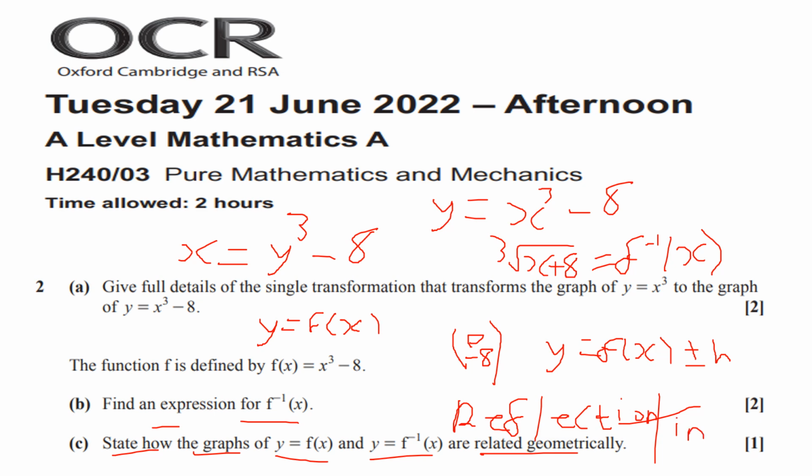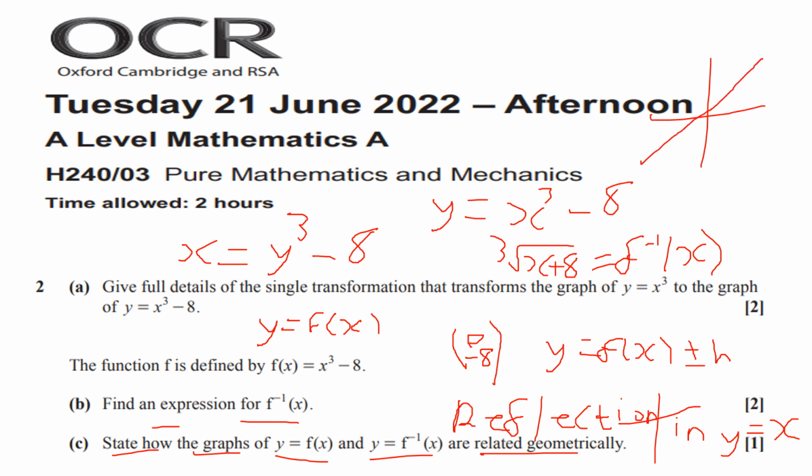By swapping x and y around, that automatically reflects it in the line y equals x. So a function and its inverse are always reflected in the line y equals x.